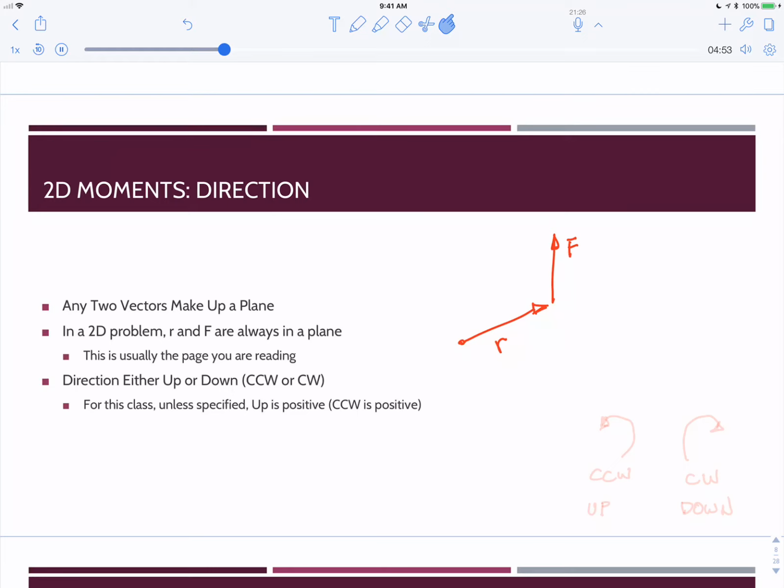So r cross F will be perpendicular to the surface of my iPad. It will be either pointing up out of the iPad or into the surface of the iPad. The direction is therefore up or down, so we can think of it as counterclockwise using the right hand rule, that's up out of the paper, or clockwise using the right hand rule, that's down into the paper. This is counterclockwise or up. This is clockwise or down.